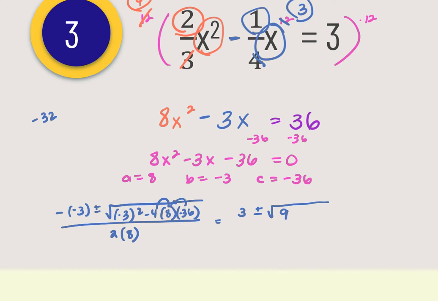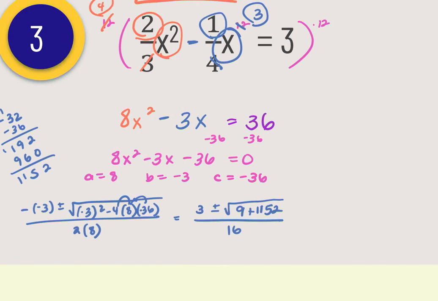Times negative 36. Which is 1152. Over 16. So I get 3 plus and minus the square root of 1161 over 16.